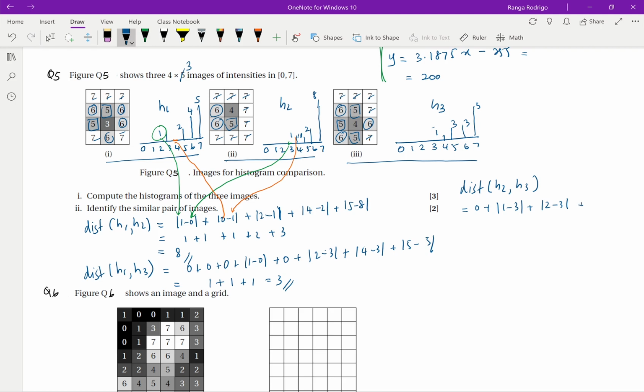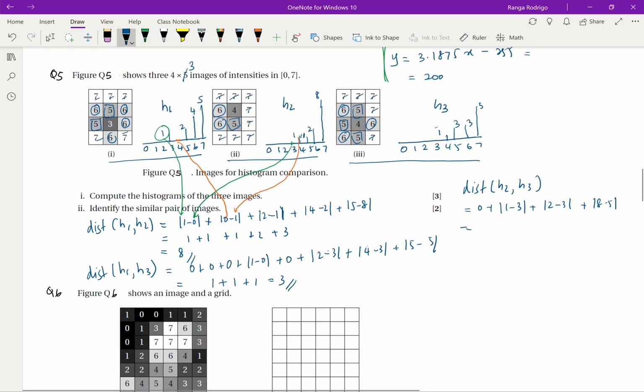At 7, 8 minus 5. This is 2 plus 1 plus 3.